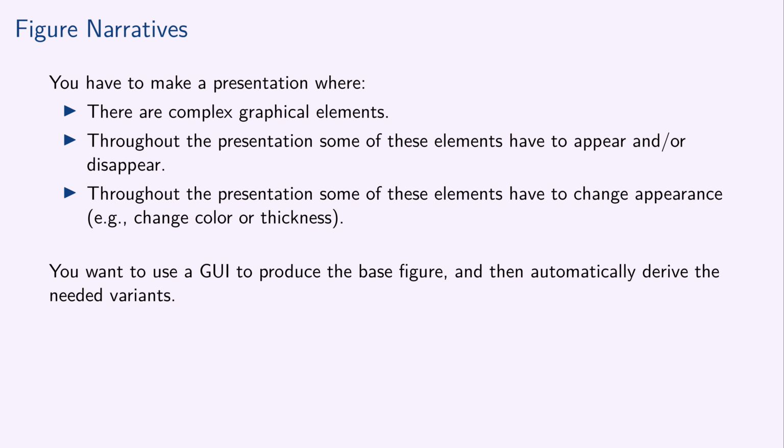So I realized that I was doing a lot of presentations where I had some relatively complex graphical elements, and I wanted to have a sequence of transitions that displays variants of this, whereby I make certain elements appear and disappear, where I change the color or thickness of something, or the arrowhead, or the text of something, the width of something, stuff like that.